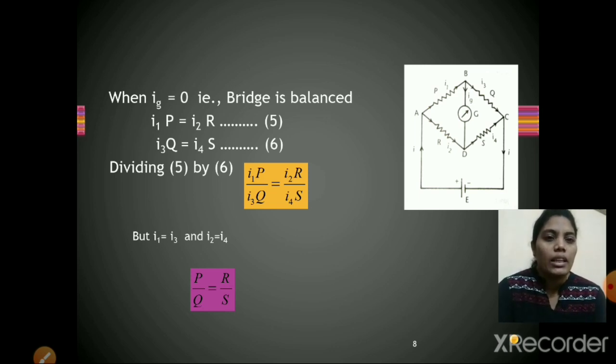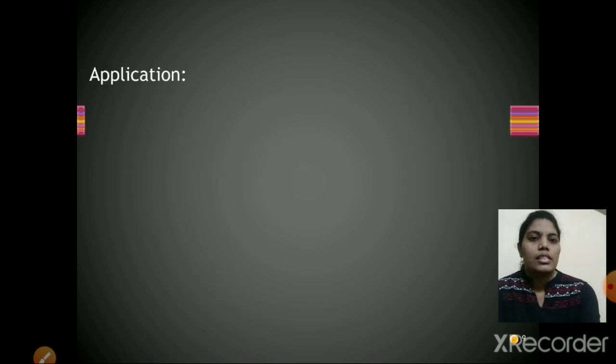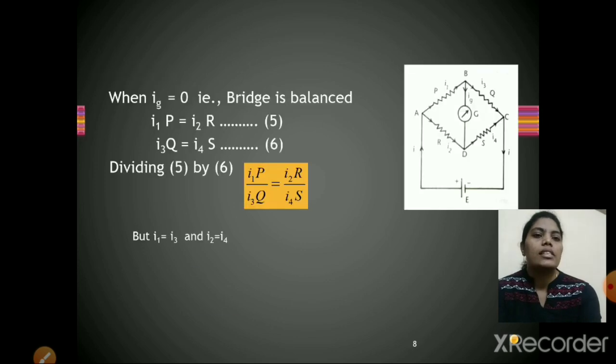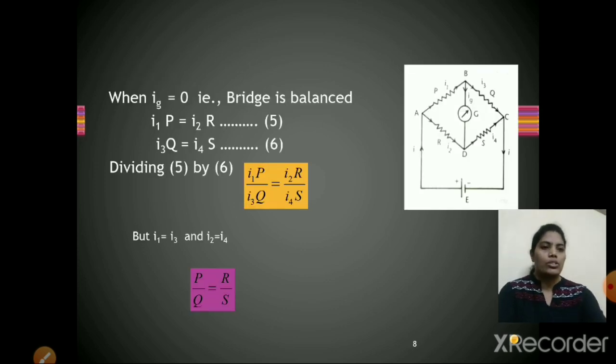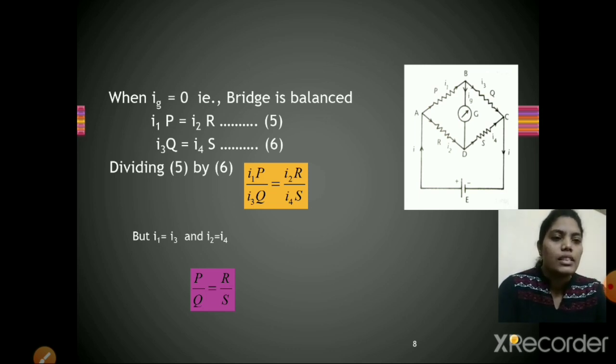So what is remaining? P by Q is equal to R by S. This is known as the balancing condition of the Wheatstone bridge. We got a relation between the four resistances which are present in this circuit known as the Wheatstone bridge.